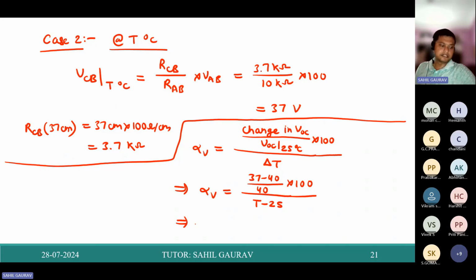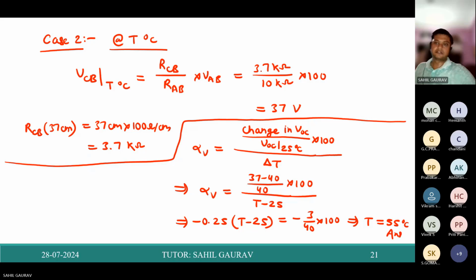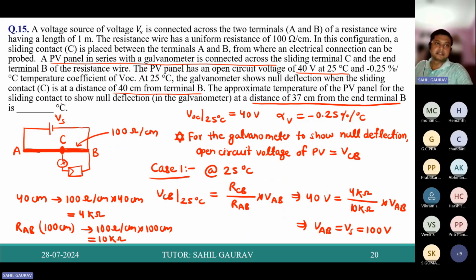So alpha V is given as minus 0.25 equals minus 3 upon 40 into T minus 25, into 100. On solving this, you will get T equal to 55 degrees Celsius. So the correct answer for this problem is 55 degrees Celsius, and the range for this problem is given as 54 to 56.